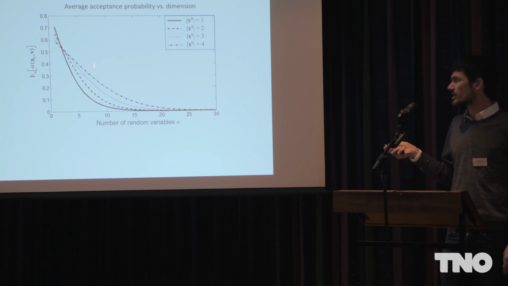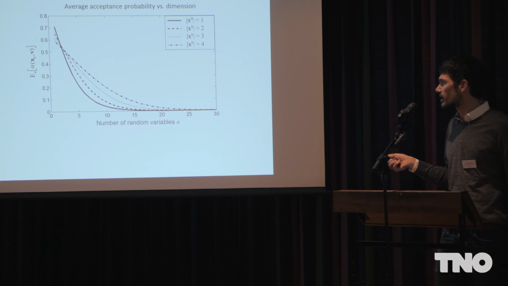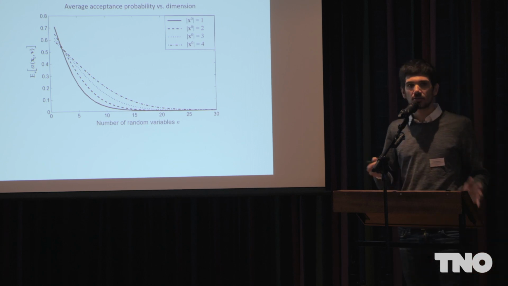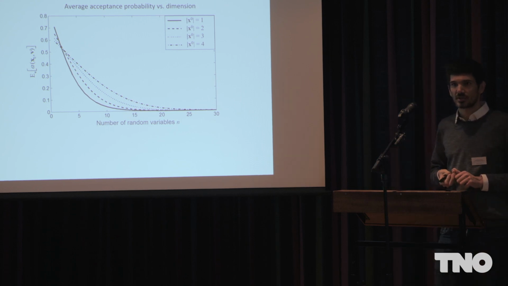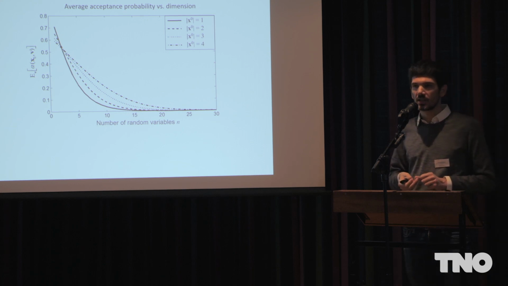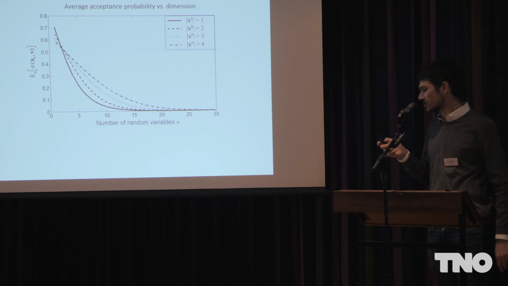Okay, you see that for all these curves, the acceptance probability decreases very fast with increase of dimension, such that when we reach around 20 dimensions, almost all the samples are going to be rejected. Okay, this will lead to extremely high correlation between the samples, and will undermine the quality of the probability estimate.